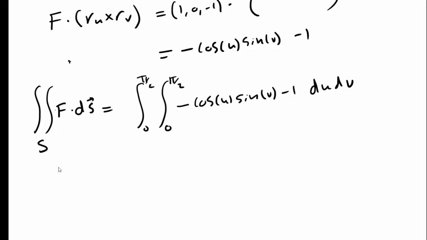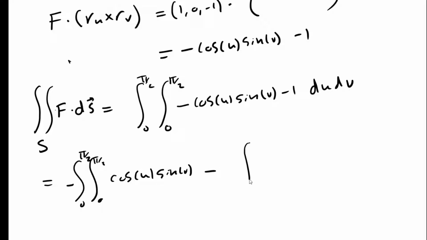Again, I'm going to split it into two integrals to make life easy. Bring the negative out in front: the double integral from 0 to pi over 2, 0 to pi over 2 of cosine u sine v, minus the double integral 0 to pi over 2, 0 to pi over 2 of du dv.